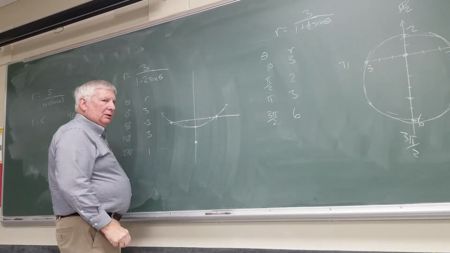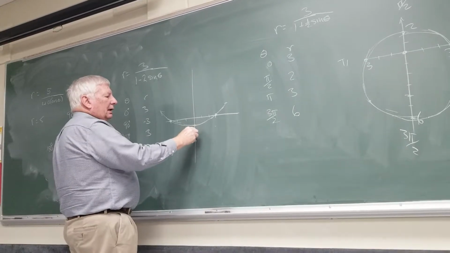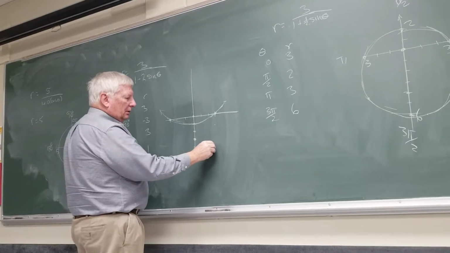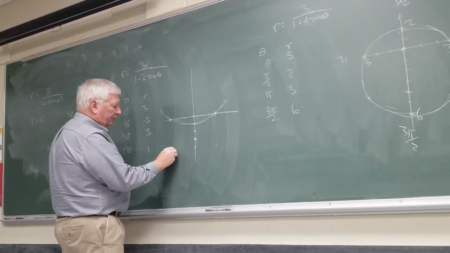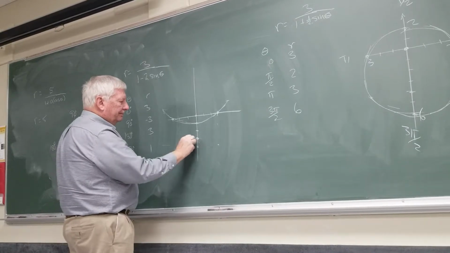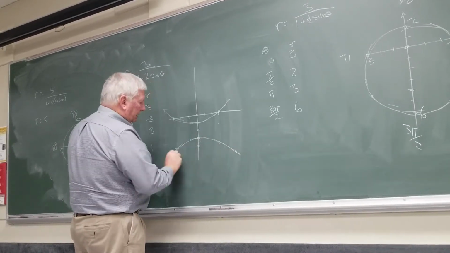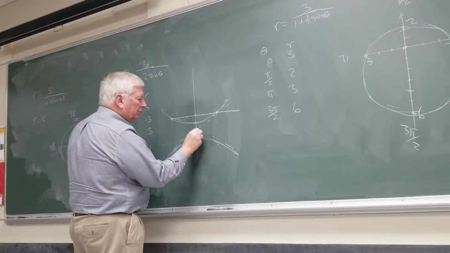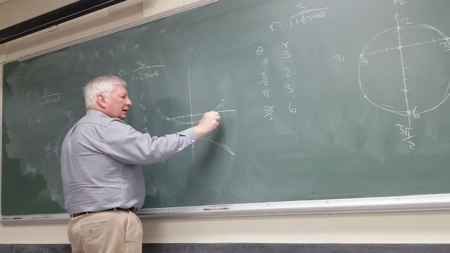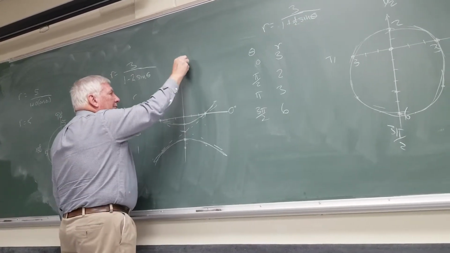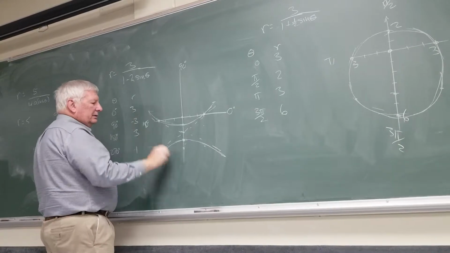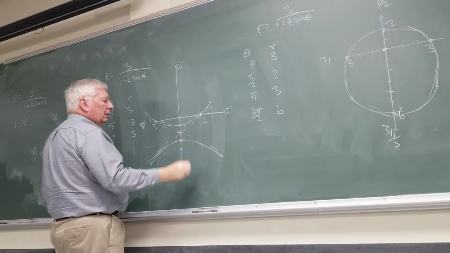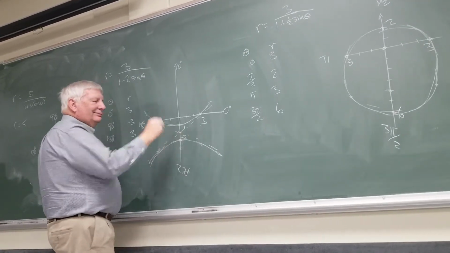And the other branch of the hyperbola, by symmetry, if the focus is 1 beyond that, and the focus is here, go out 3, go out 3, connect these, and we get our hyperbola, and the asymptotes will be somewhere in here. 0 degrees, 90 degrees, 180 degrees, 270 degrees, 3, 1, negative 3.